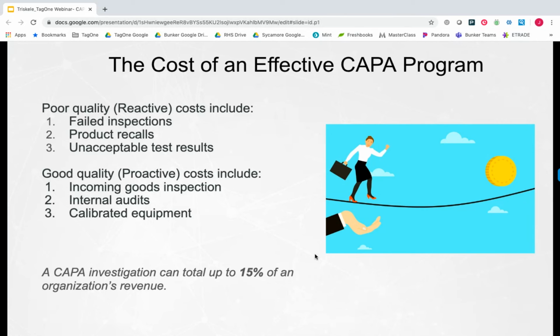If you factor in the resources it took to investigate, it was months of investigating, with people working on that investigation in addition to their day job. So you have people working overtime, and then of course the loss of product revenue. We had product out in the field that we had to bring back. So it can add up if you have an issue, and it's even more if you don't have a proper process in place to investigate efficiently.